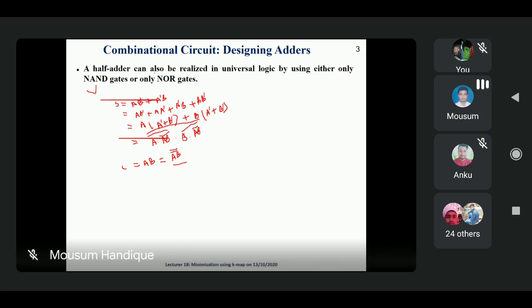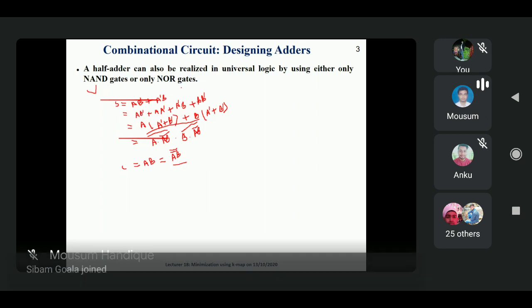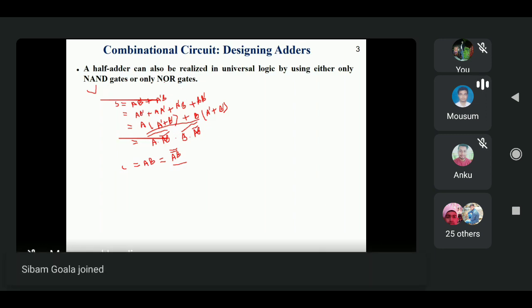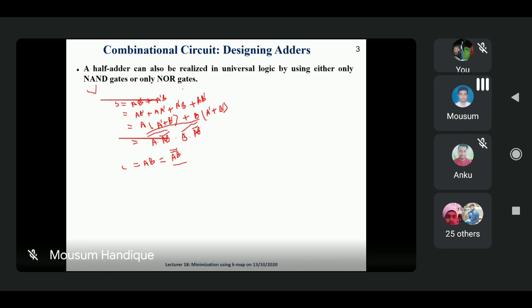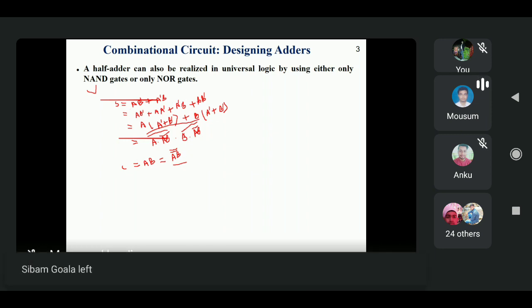You can realize the half adder using only NAND gates, or using only NOR gates. That means you realize the half adder using only NOR gates or NAND gates. You should write the complete expressions for S and C, and this particular expression is not fixed, you can design your own way also.